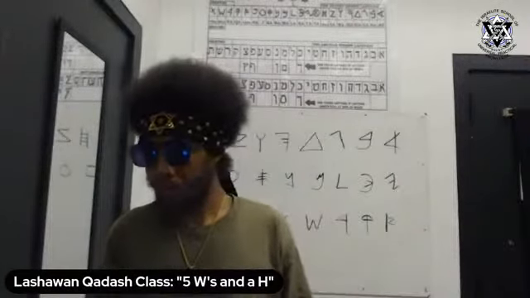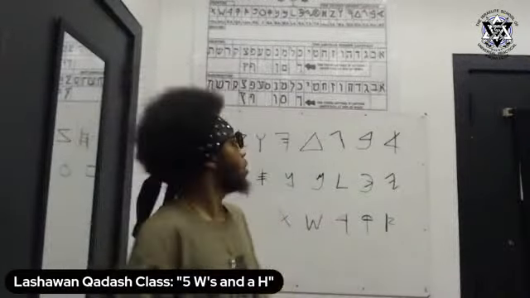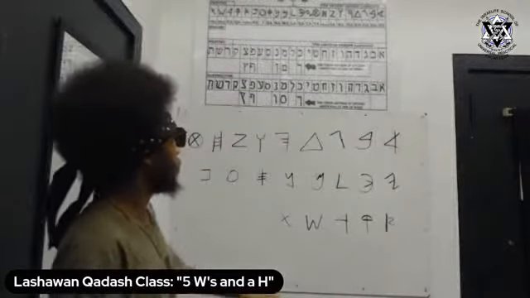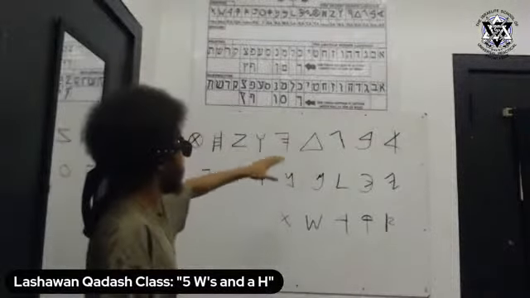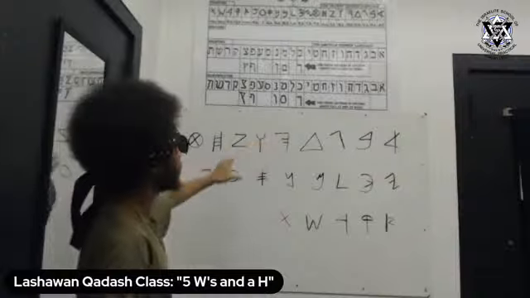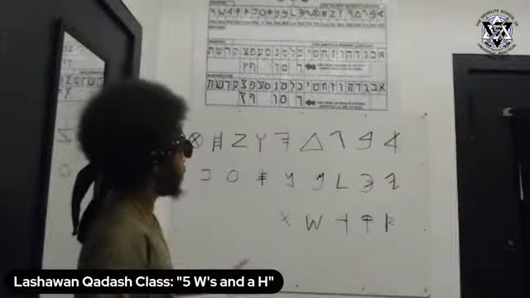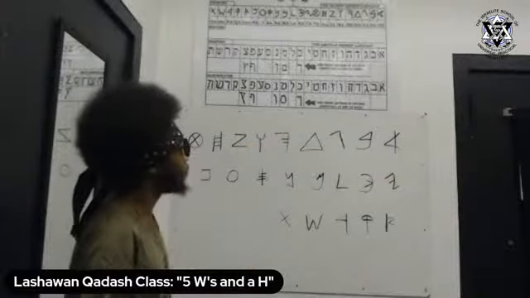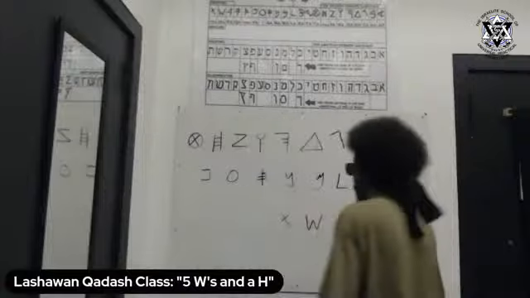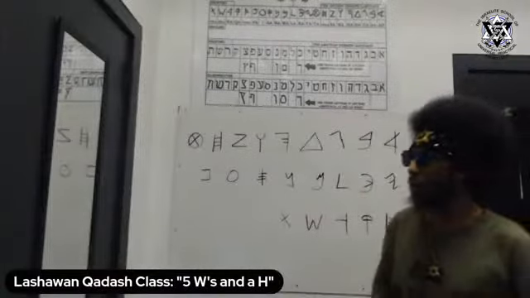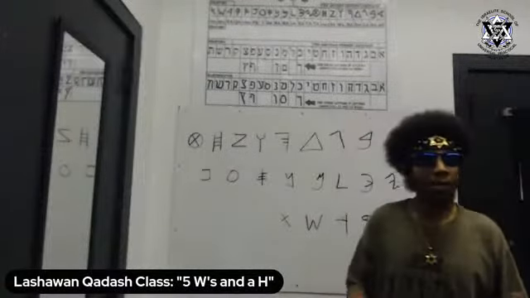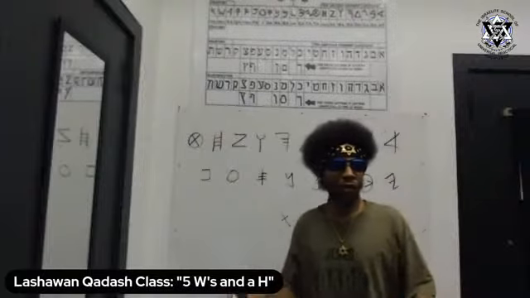So, let's get into it. Warrior, we are going to identify each character, each letter, as far as the Hebrew. Although we speak English right now, Black, Hispanic, Native Indians, that's not your language.